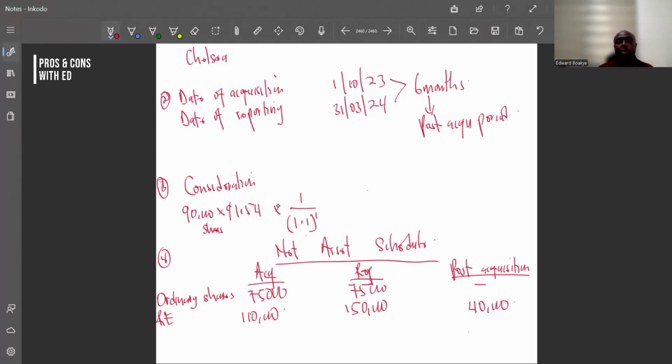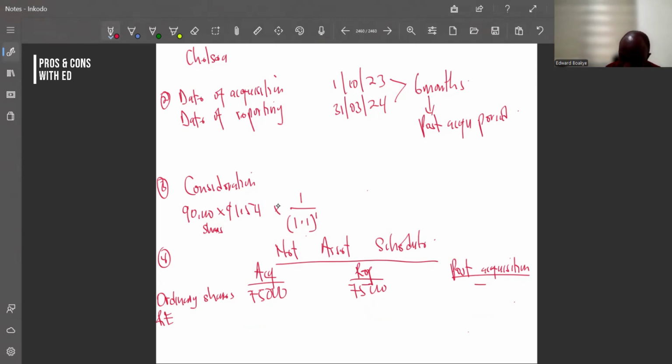That should be given to you, right? So if you have that one, add the profit for the year, and that will be your reporting figure. If you like, deduct post-acquisition from the reporting, you get your acquisition. So let's use another way.